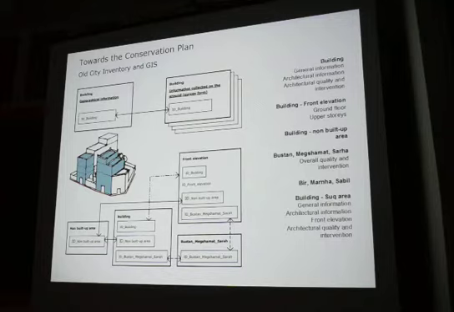But what was important was the fact that every building, every facade, has a specific characteristic. So instead of trying to identify the building typologies, we decided to inventory the different facades.